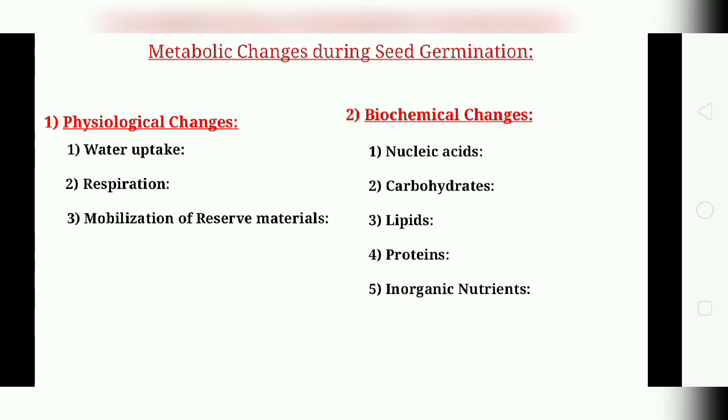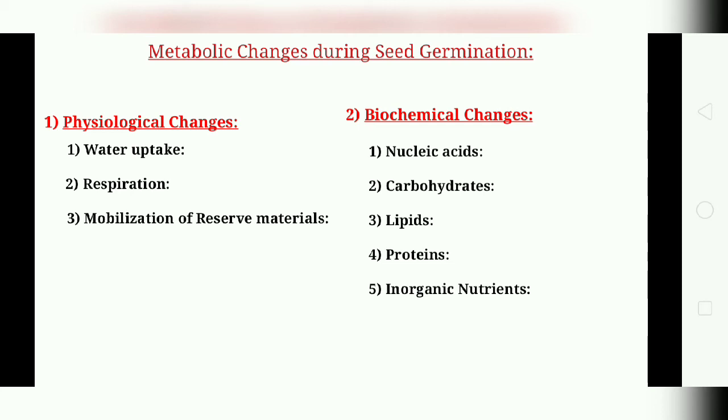These fatty acids are further converted into acetyl-CoA by the process of beta oxidation. This acetyl-CoA is further converted into sucrose by the glyoxylate cycle and is transported to the growing embryonic axis.